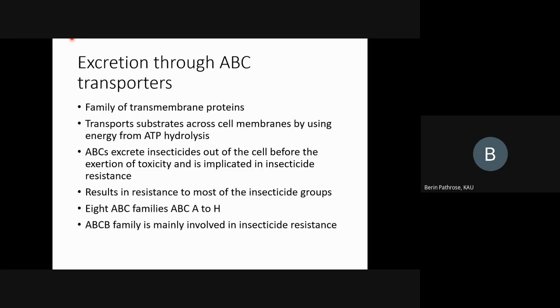Taking out a gene and sequencing it is pretty easy with the development of sequencing techniques. Maybe within 5 years, we will be taking out the whole genome of a susceptible insect and the whole genome of a resistant insect. We'll completely sequence them and find out the difference in the genetic makeup.